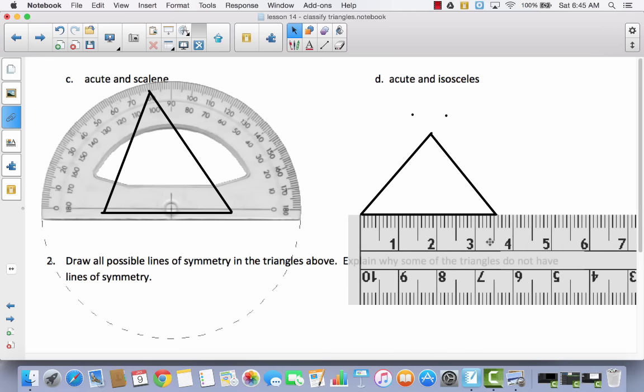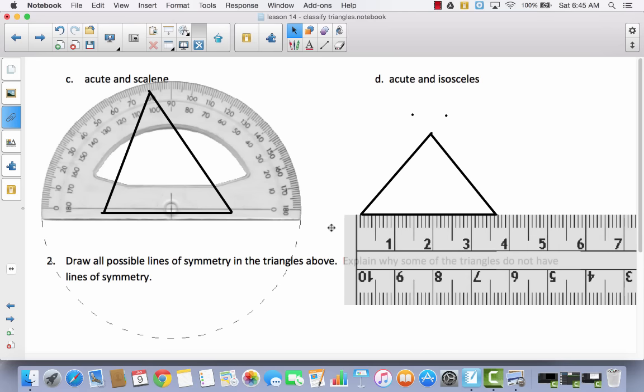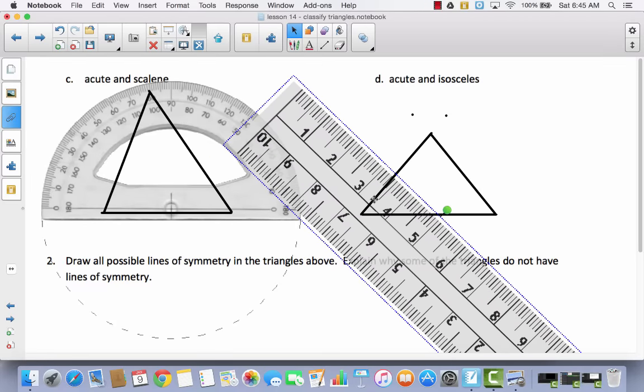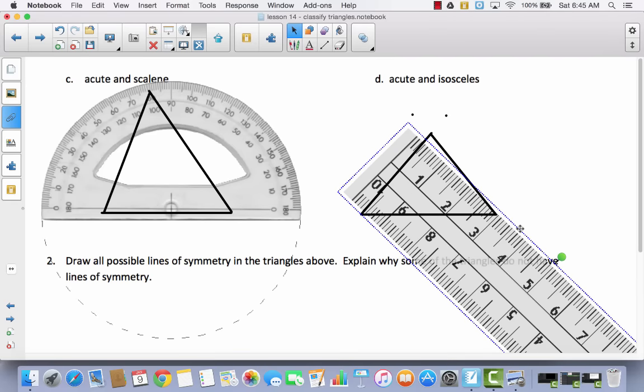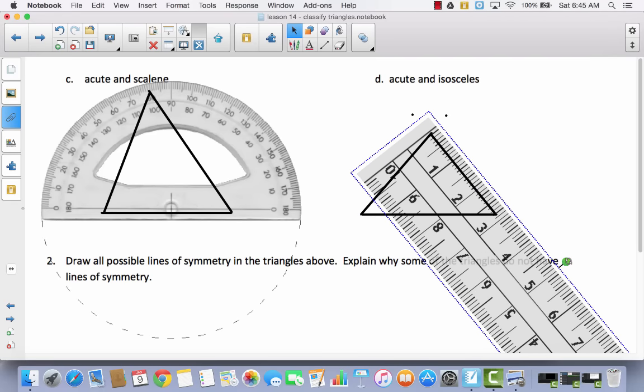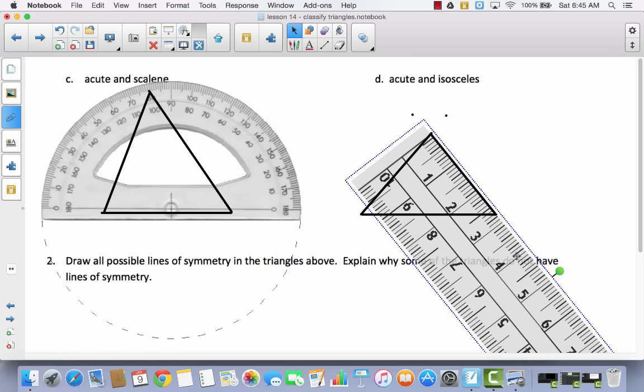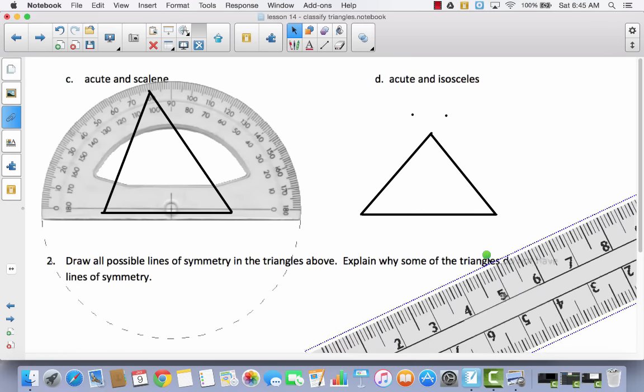So this is 3.6. And then let's see if these other two sides are equal. Okay, so this side is 2.8 centimeters. So let's try this side.